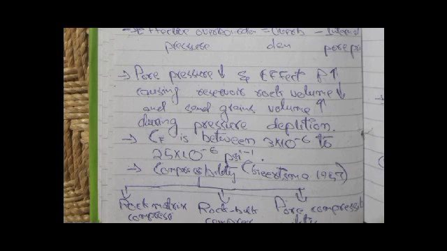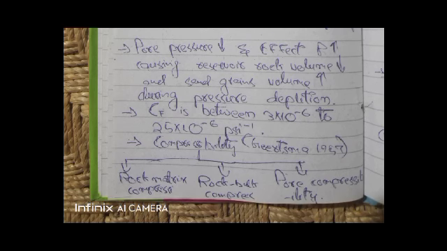The compressibility concept was introduced by Geertsma in 1957, and he said that there are three types of compressibilities. One is the rock matrix compressibility, where the material from which the rock is made actually gets compressed. We call it the rock matrix compressibility.